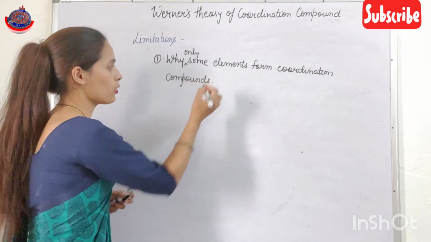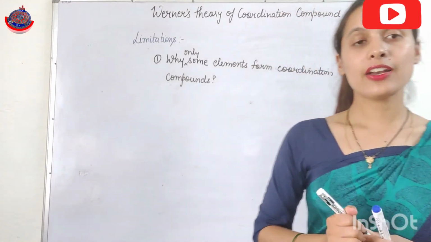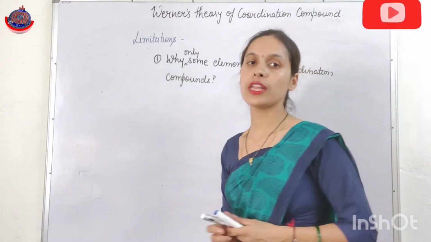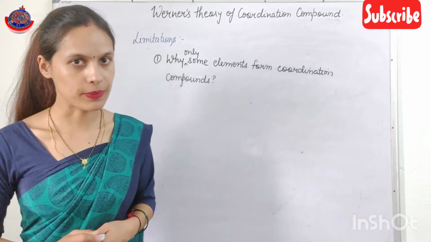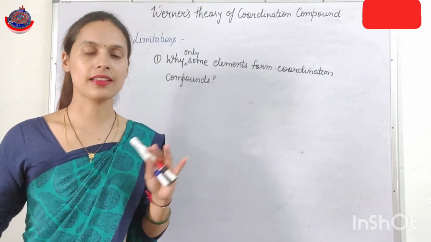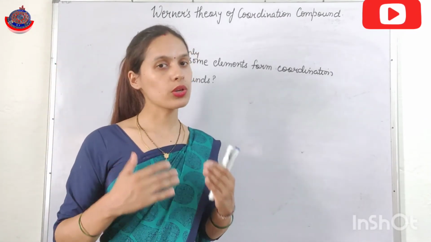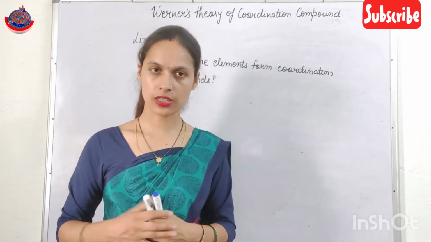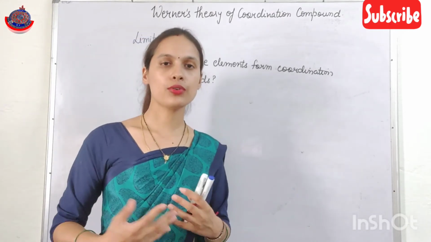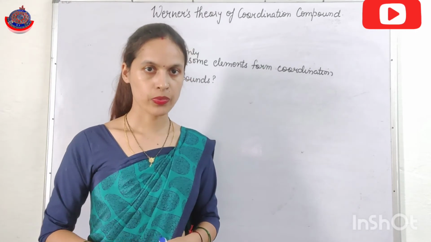We have almost 118 elements in our periodic table, and all the elements are not able to form coordination compounds. If we neglect the noble gases, that are non-reactive, others have to form coordination compounds, but only few elements form coordination compounds. So Werner is not able to explain why only some elements form coordination compounds.